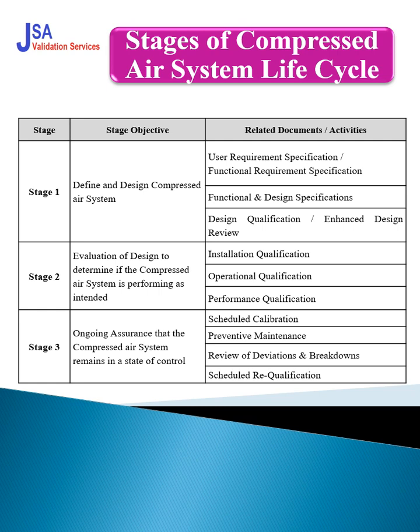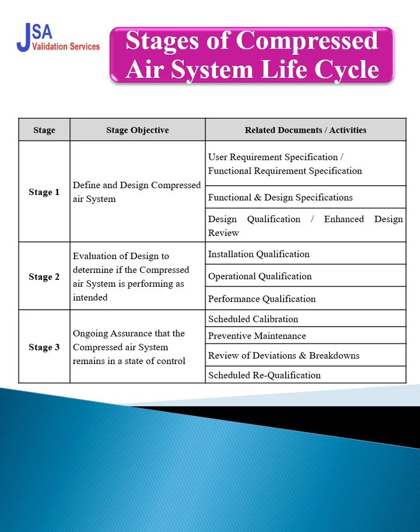Stage 2, after fabrication, the system is transported to the vendor side or customer side, and then it will be evaluated. The evaluation of design is to determine whether the compressed air generation system and distribution system is performing as intended or not.